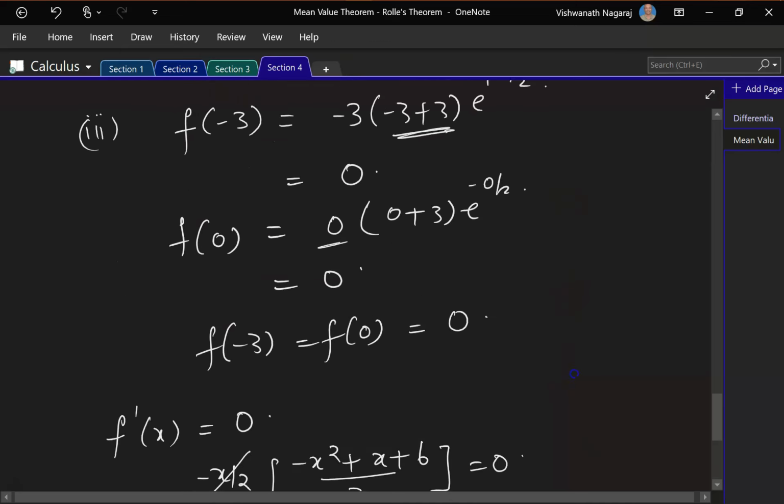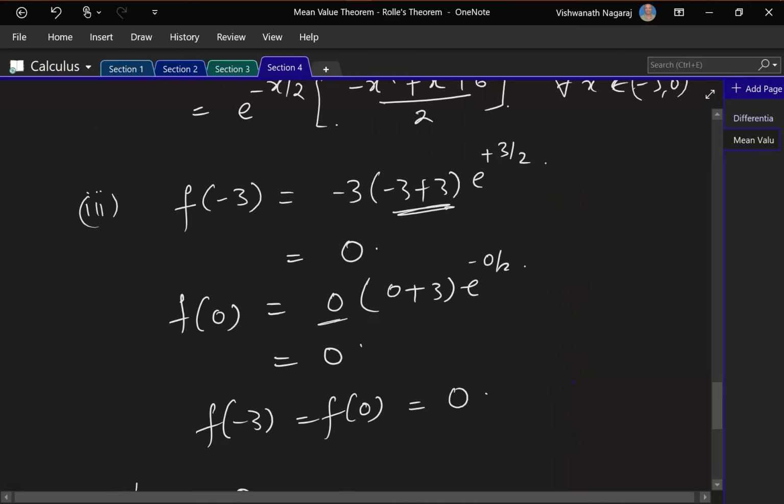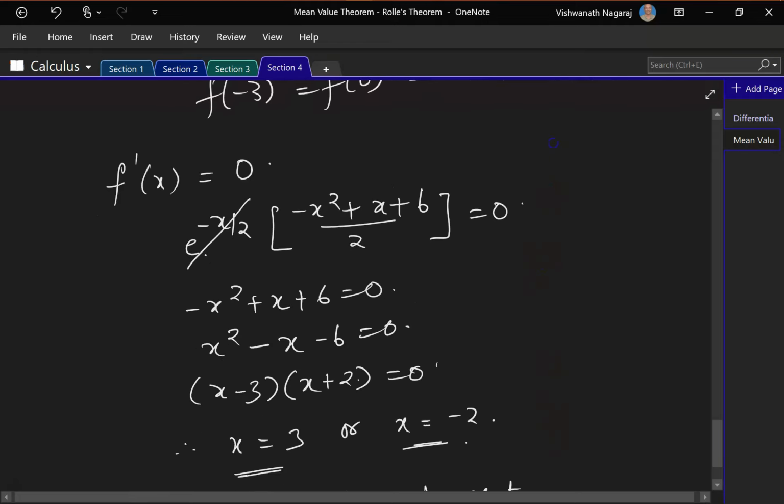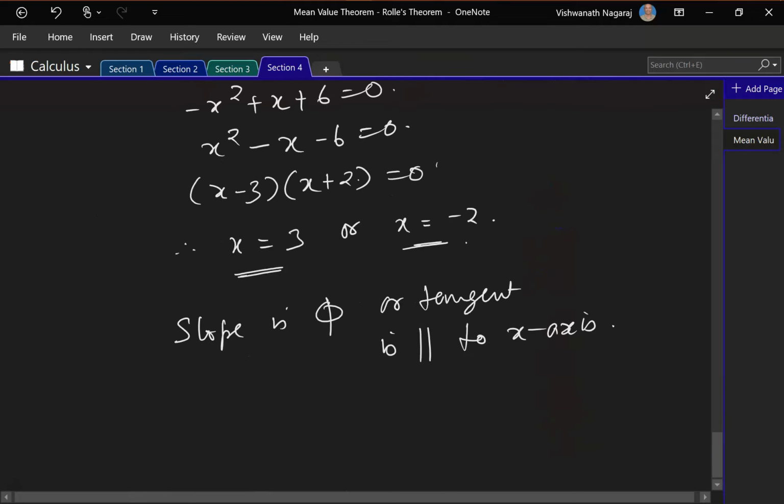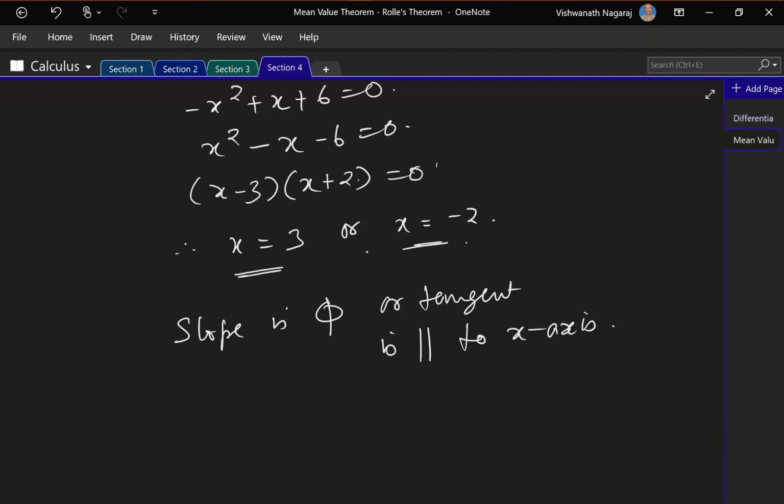Now because these 3 conditions are satisfied as per Rolle's theorem, that is why we can say confidently that at these 2 points the slope is 0. So that is Rolle's theorem.